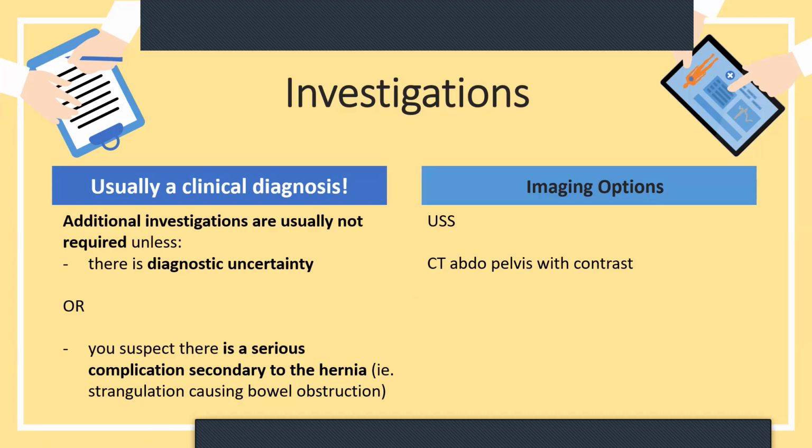Additional investigations aren't usually required unless you're not sure what the lump is, or you suspect a serious complication secondary to the hernia, such as strangulation or bowel obstruction. Usually you would order an ultrasound in general practice, which would help determine whether it's a hernia or not. But if a patient presents to A&E with, let's say, an irreducible hernia with evidence of bowel obstruction, strangulation, or incarceration, you should do a CT abdomen-pelvis with contrast as well.